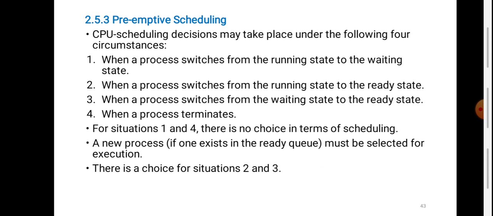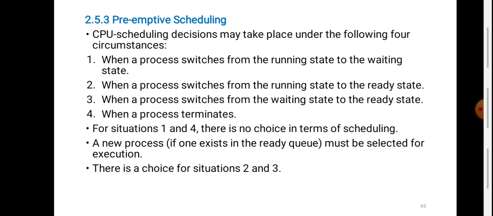Okay. So preemptive scheduling and non-preemptive scheduling are two concepts that you should try to differentiate clearly here. CPU scheduling decisions may take place under the following four circumstances. When should we take CPU scheduling decisions? First, when a process switches from running state to waiting state.